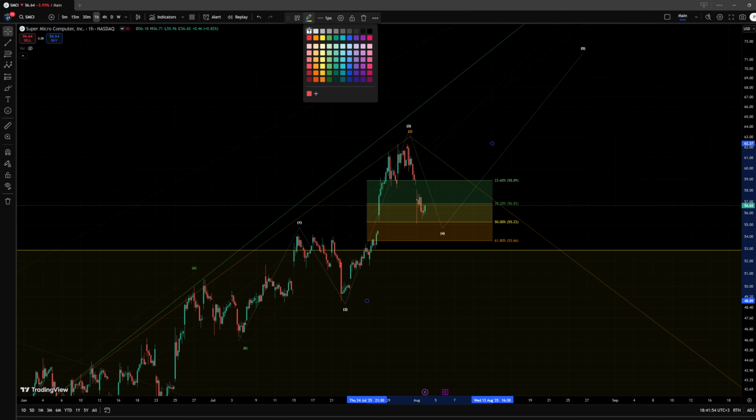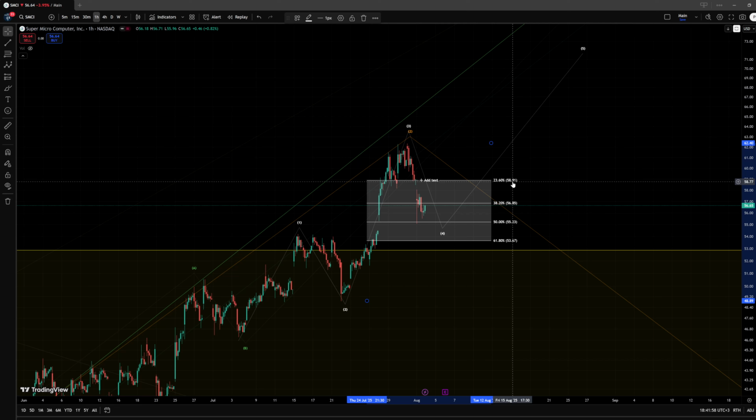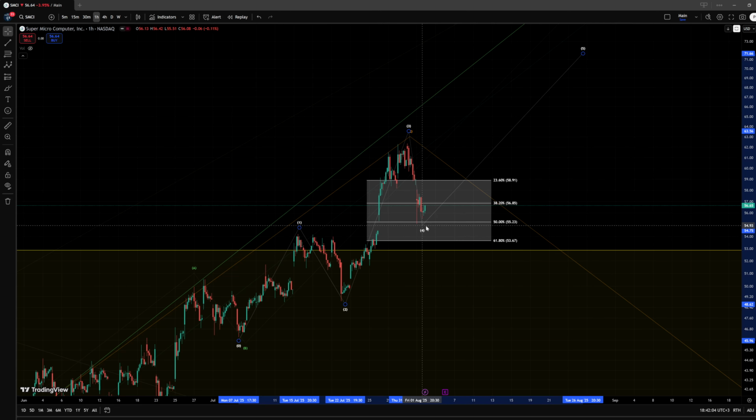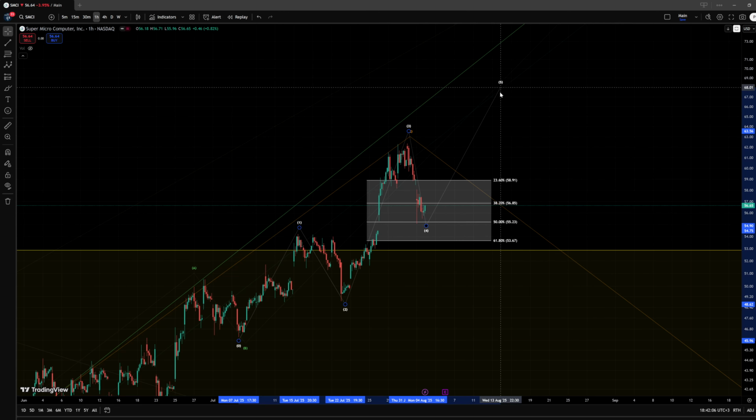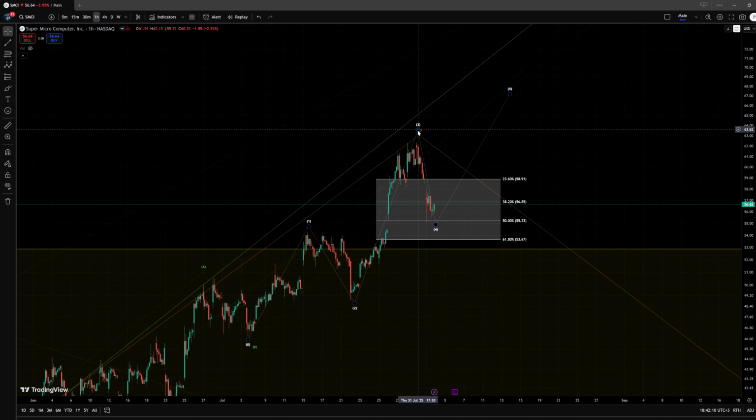In this case I would say that the fourth wave would have to hold the support zone spanning from 58.9 cents down to around 53.7 cents. So this is the new support zone that we are tracking since the previous count failed.